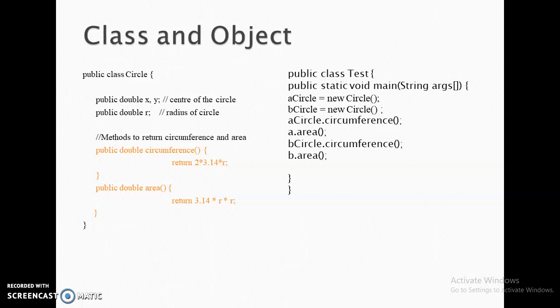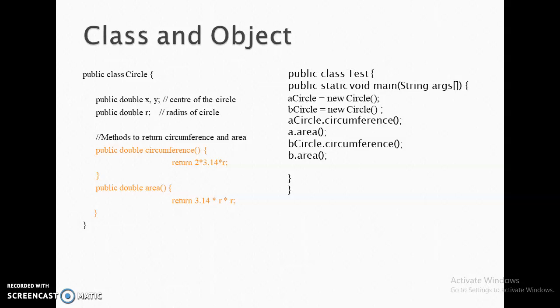It's creating two objects, a circle and b circle. A circle is of which type? Circle type. And b circle is also circle type, so that's why we are using the constructor.